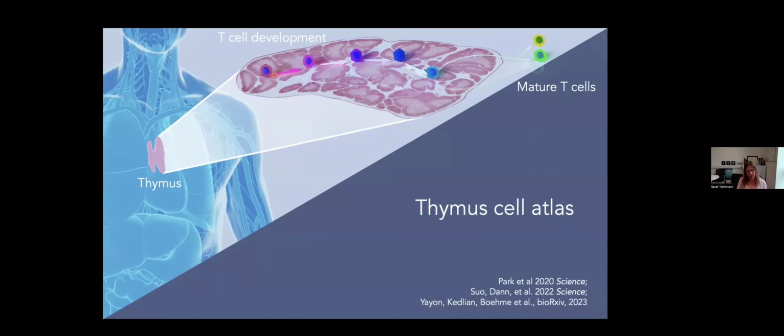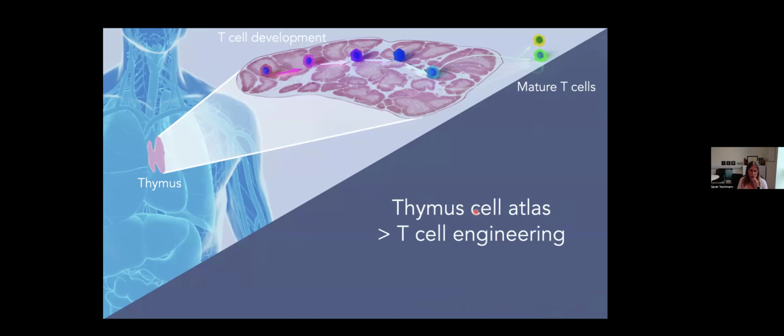And one example of that is tracking the pathway of T cell development from hematopoietic stem cells in the thymus, and the Thymus Cell Atlas, which we've worked on in collaboration with other groups, and published in 3 papers defining the cells in our developing and postnatal and adult thymus.